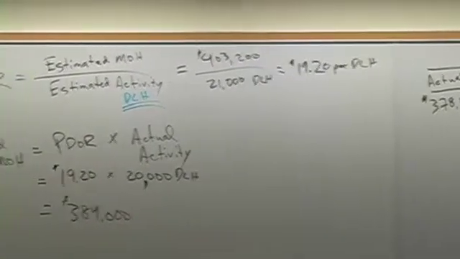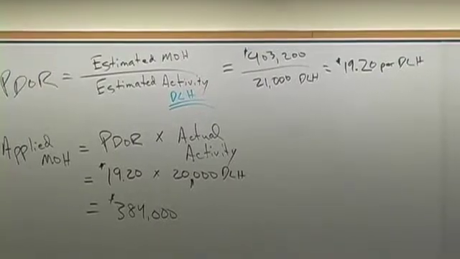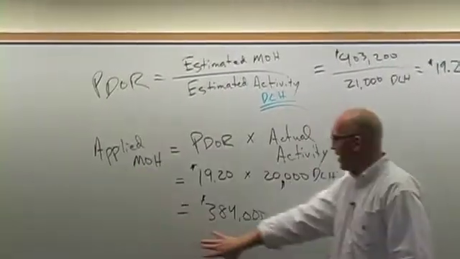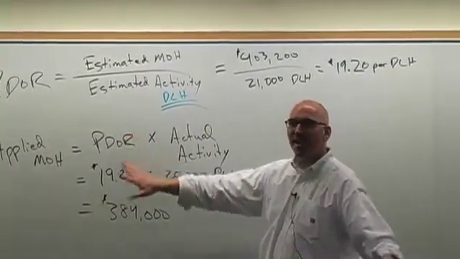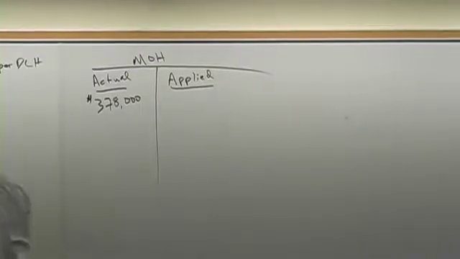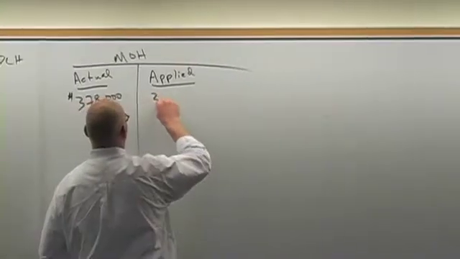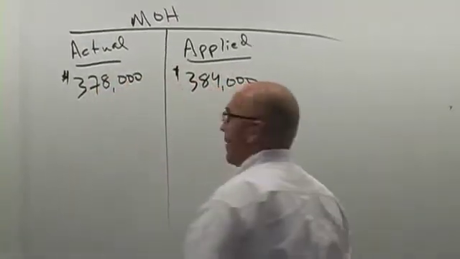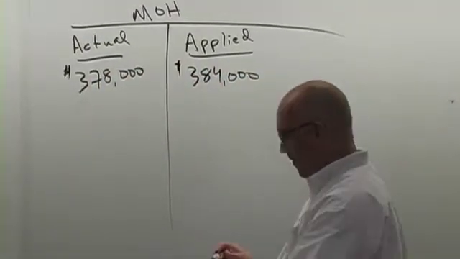Where'd you get 403,000? It's on the board. Applied manufacturing overhead. How much? $384,000. Thank you. I'd take it if somebody wanted to put that in my bank account. Okay?